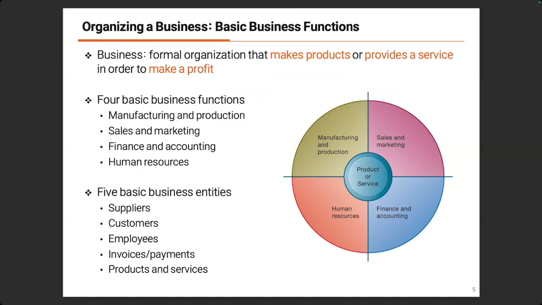The people in sales and marketing attract customers, sell products, and keep track of customer service issues such as warranty and maintenance. The people in finance and accounting keep track of financial transactions such as orders, invoices, or payroll. And human resources is about recruiting, hiring, training, and retaining employees.